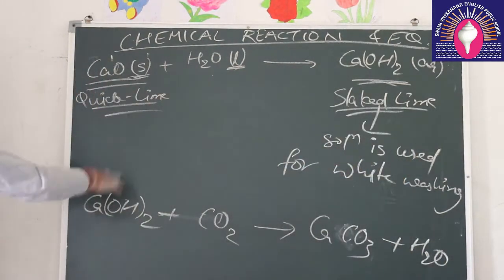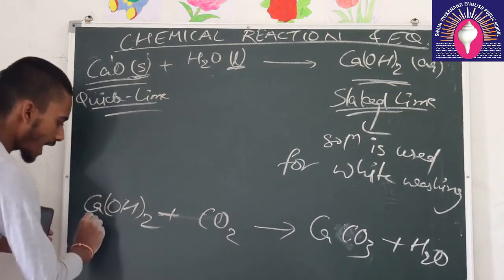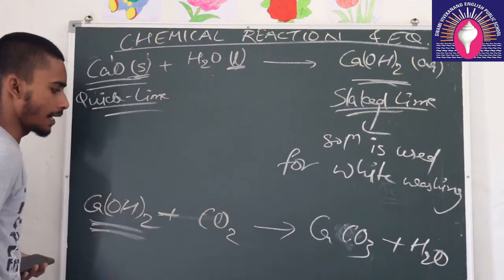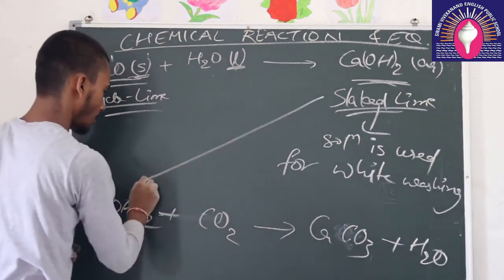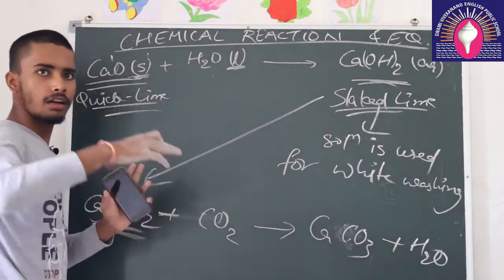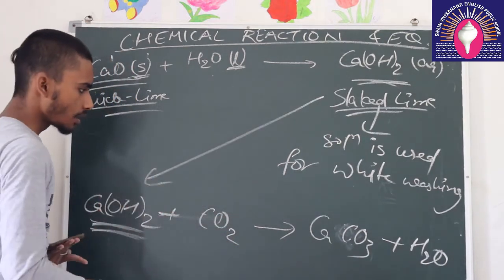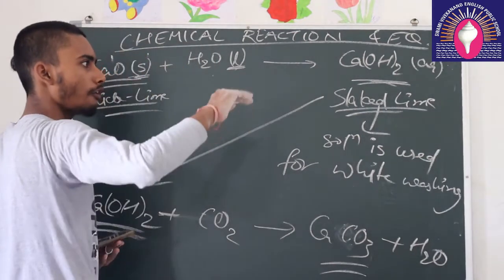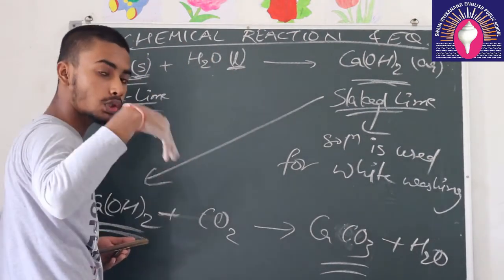When we whitewash our walls, the calcium hydroxide, which is known as slaked lime, reacts with carbon dioxide in our atmosphere to give calcium carbonate. Calcium carbonate is found on the whitewashed walls after 2-3 days.